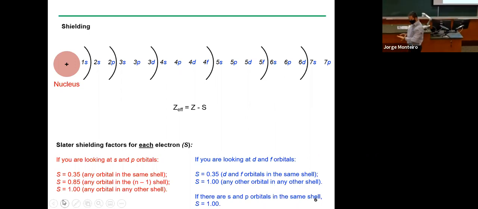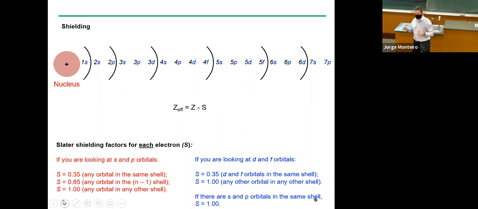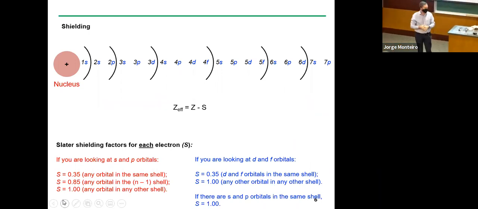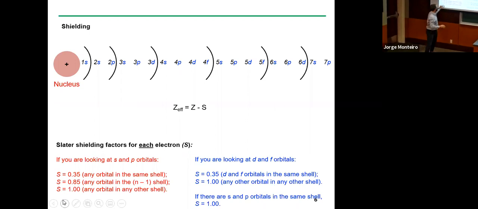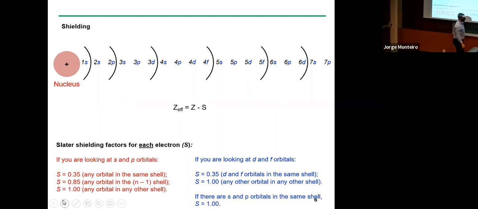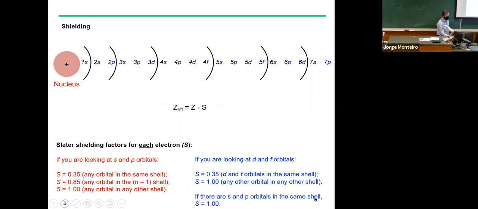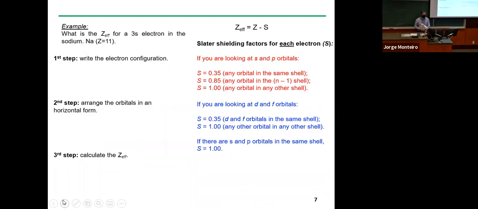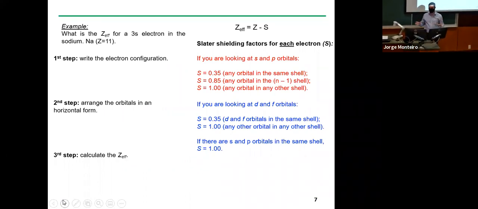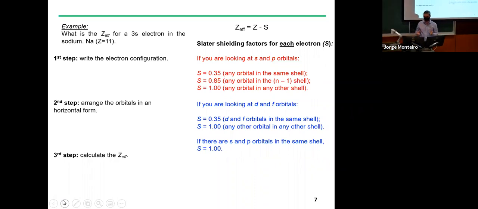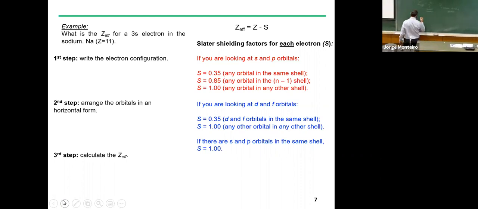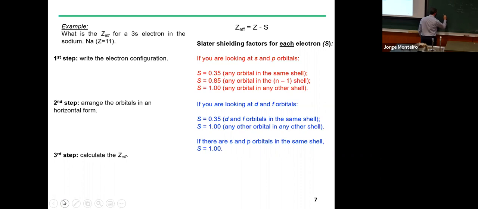Okay, so at this point, I want to go over one example with you to see how we will apply those. Let's take a look at the effective nuclear charge for a 3s electron in the sodium atom. All right, we are looking at sodium. Atomic number is 11.